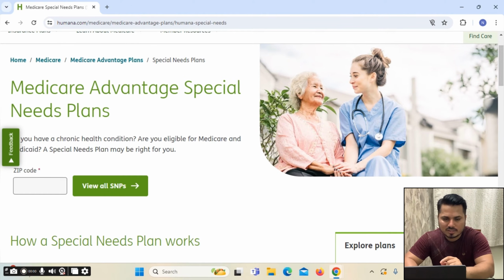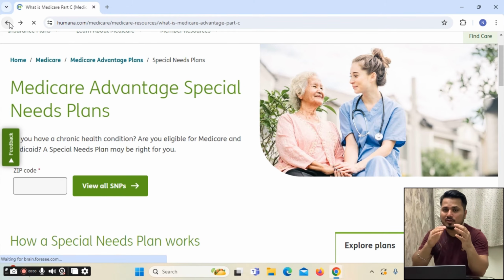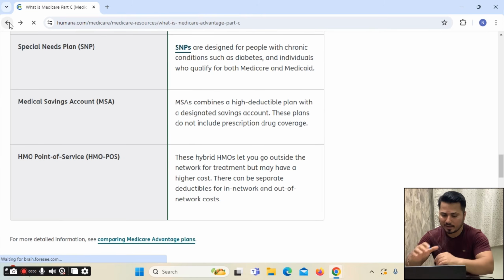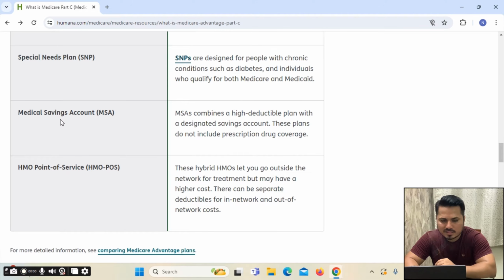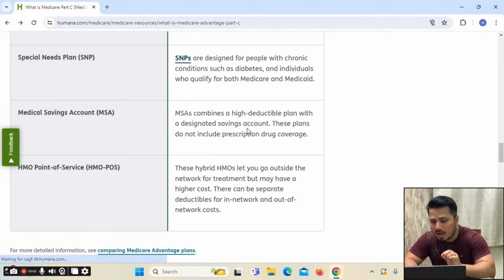Okay, now let's go back to the page again. So we are trying to understand all the plans step by step, one by one, guys. Now, the medical savings account, MSA plan. MSA combines a high deductible plan with a designated savings account.